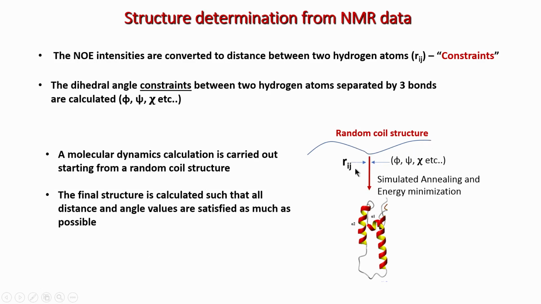Then you start a molecular dynamics calculation. This is something we cannot go into detail on, but it is a computational technique wherein you start from a random coil and start giving the constraints, meaning those numbers, the distances between each amino acid and every other amino acid. All the distances which we get from NOESY correlations are given as input to this program, and also the different angles.